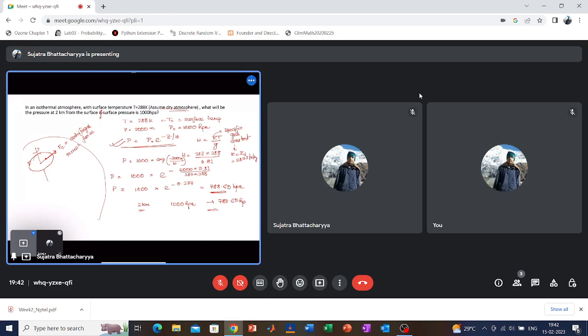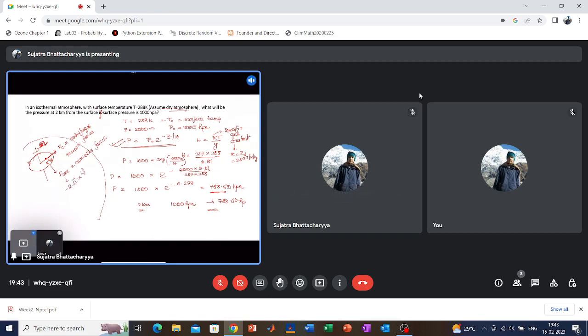Now if the object starts moving with some velocity v, then there will be another force which is known as the Coriolis force. Now this is rotating with some omega. So the Coriolis force will be nothing but minus 2 omega cross v.